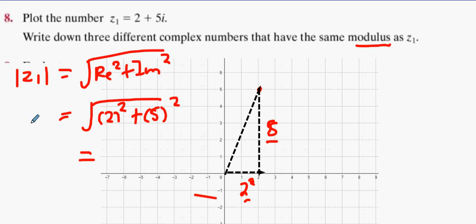And the answer would be root 29. Everybody happy with root 29? If you take down that formula there, square root of real squared plus imaginary squared, it basically gets the length of the complex number. So this complex number Z1 is square root of 29 away from the origin.